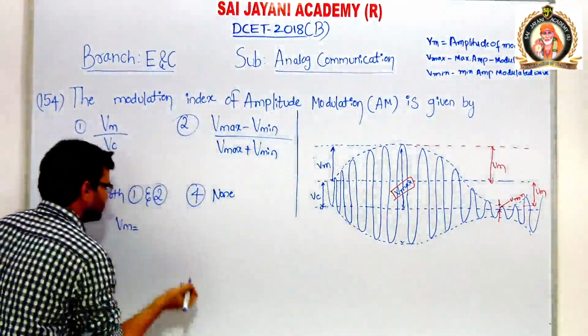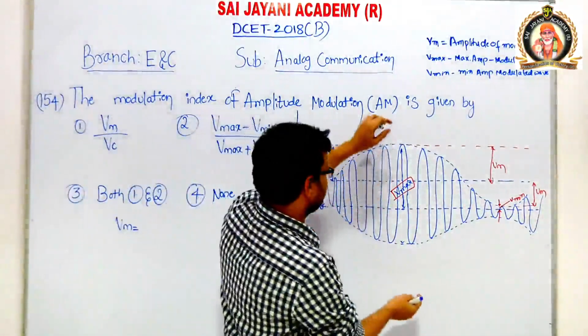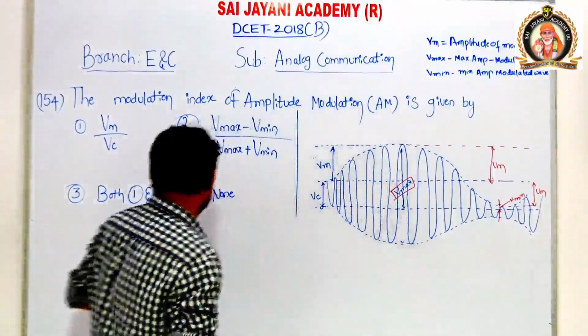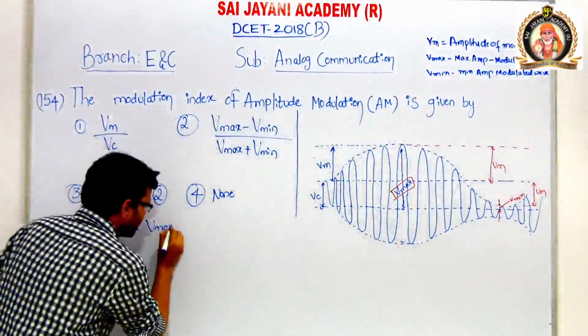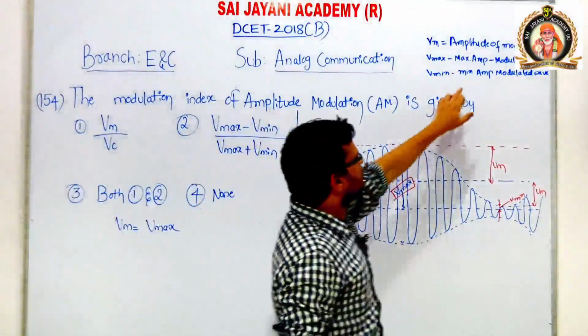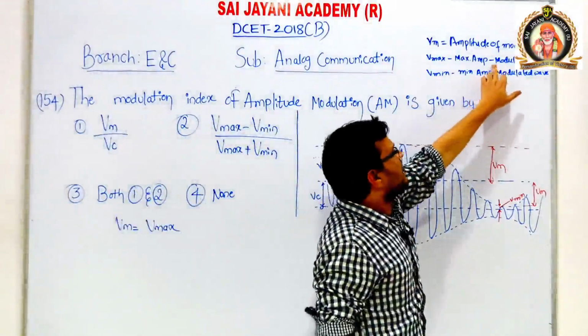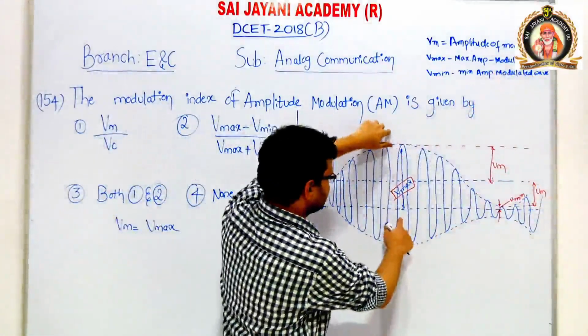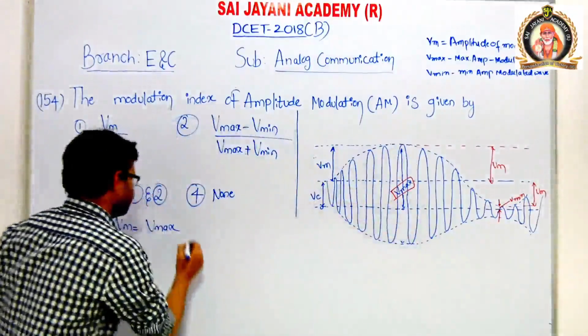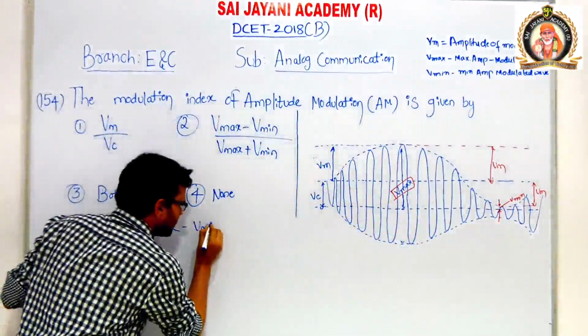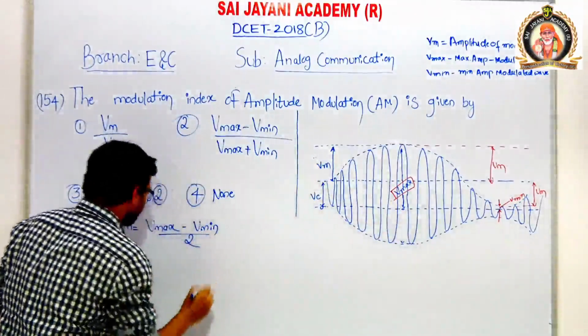suppose Vm is given by Vmax, that is the maximum amplitude of the modulated wave, Vmax minus Vmin divided by 2.